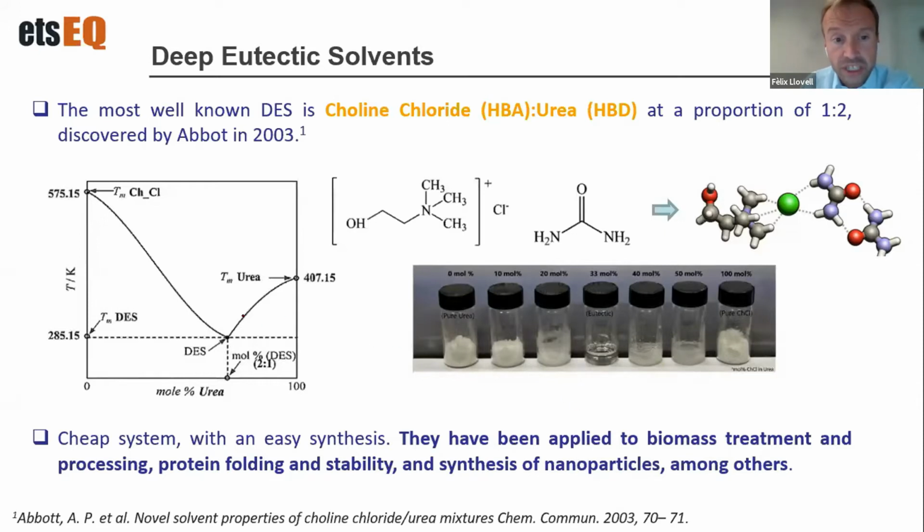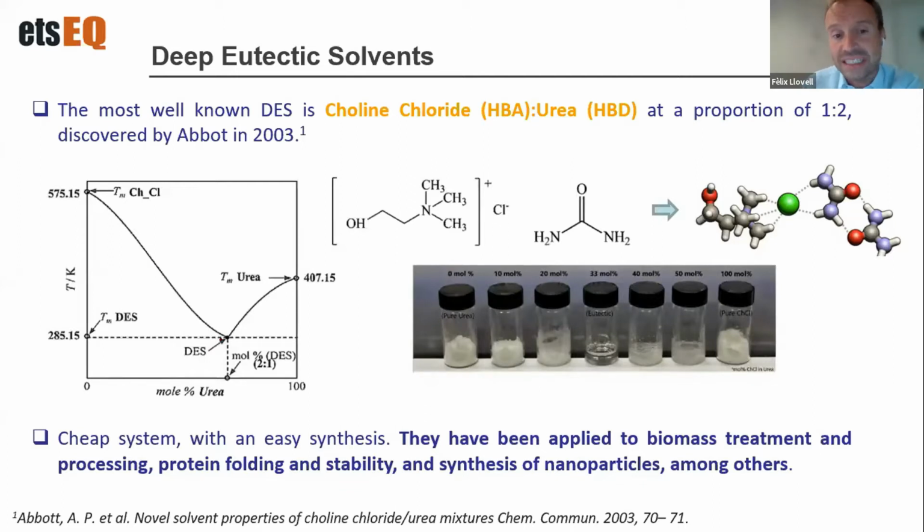Also, another point that is important to mention is that there is not a particular proportion where the eutectic composition will appear. It is commonly seen in the literature that we see 1-1, 1-2, 2-1, 1-3, but it may appear at other proportions because at the end, it's two melting lines that are joining at a particular point.